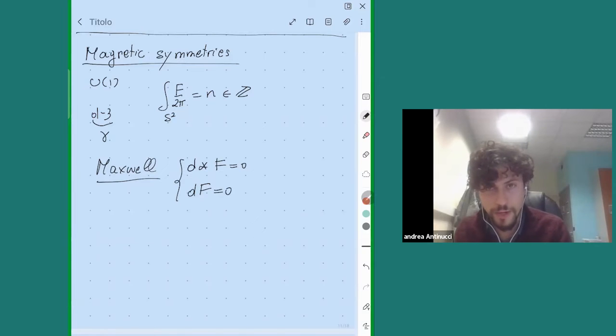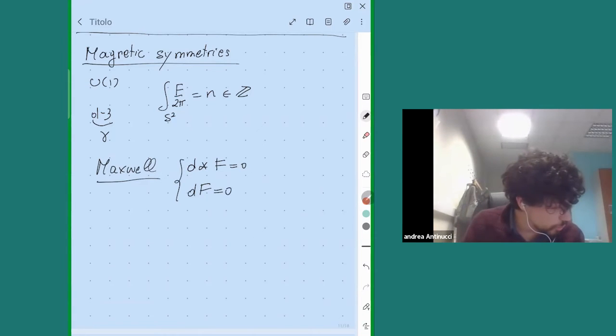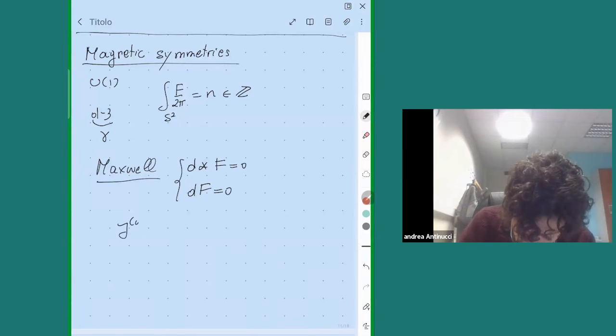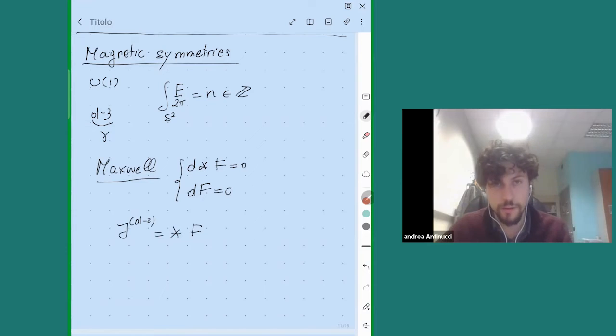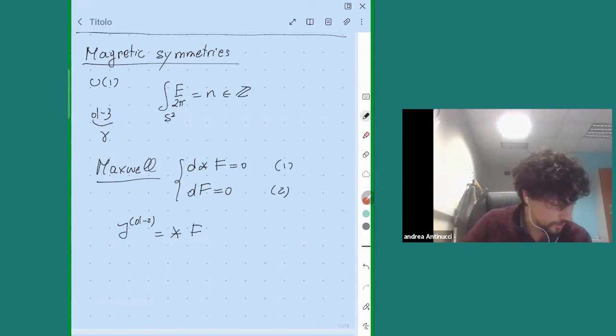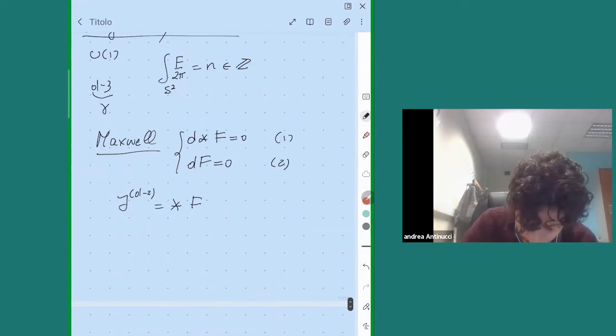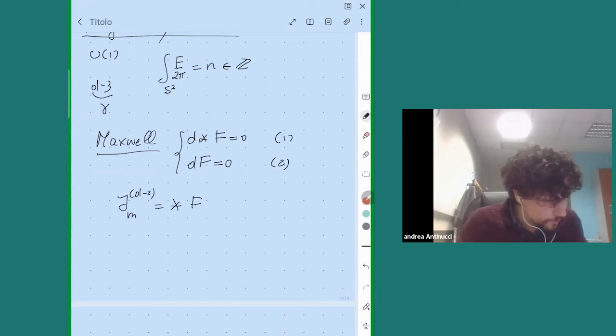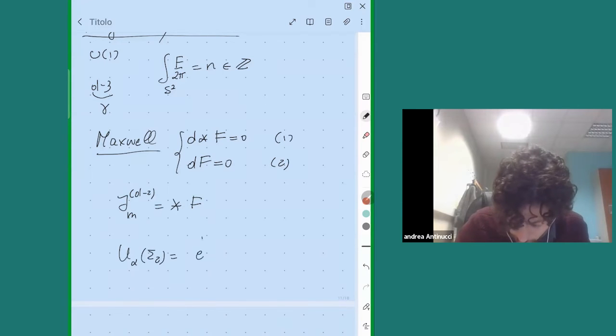So on top of the two-form current, which is F, you also have a D minus 2 form current, which is star F, which is associated to the second conservation law, which is the Bianchi identity. And this allows us to construct a codimension D minus 2, namely a dimension 2 operator, supported on a surface, which turns out to be topological.